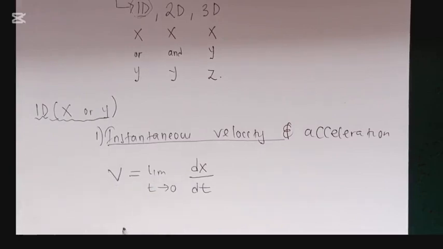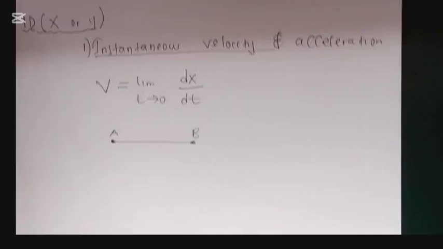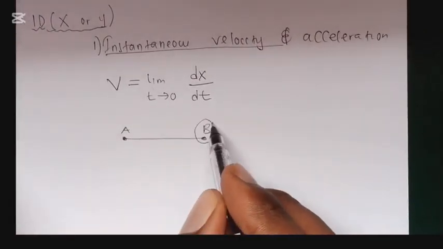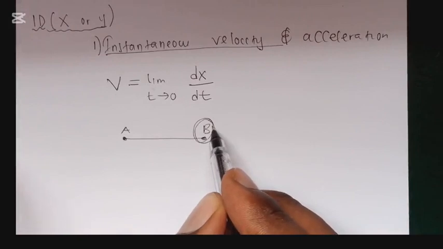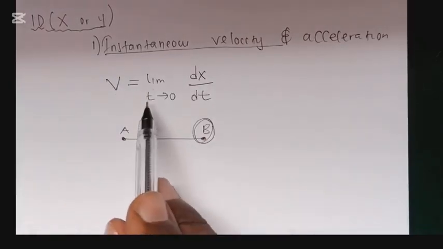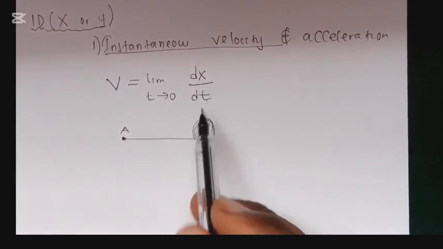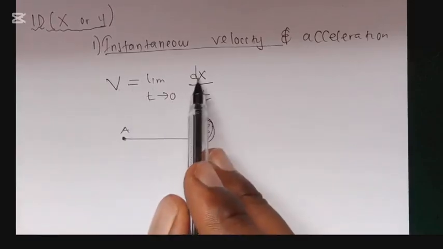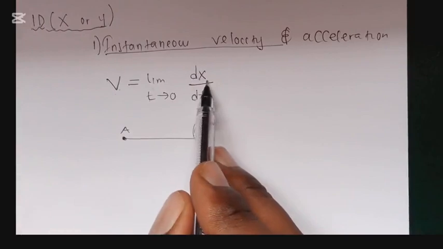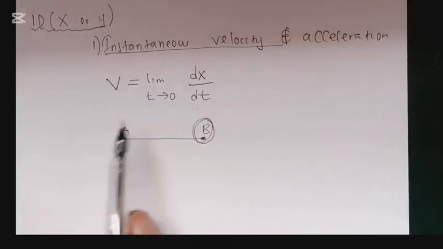It's like if this particle is moving from point A to point B, and they ask you to find the velocity of this particle at point B. The time that you're going to get is the time between point B and point B, and that time is going to be very small. That's why your t is approaching 0, a small change in x over a small change in time. So dx simply means a very small change in the displacement, and dt a very small change in the time.